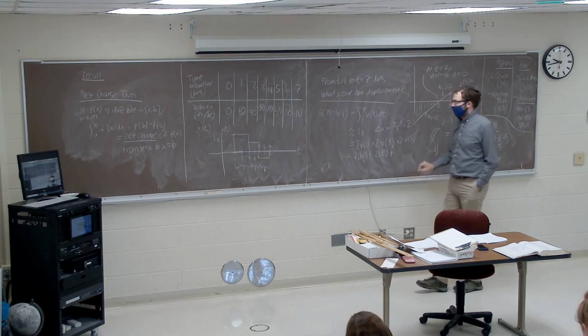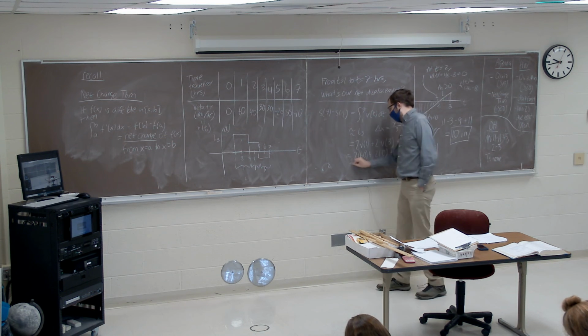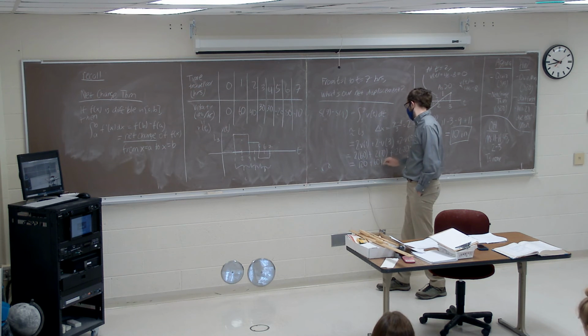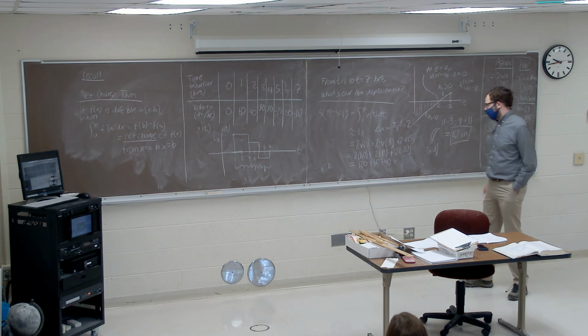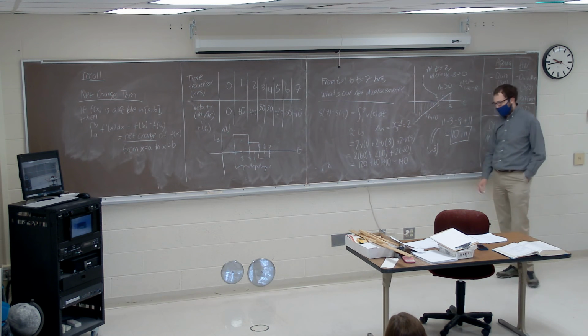And our v of 5 is negative 20, which is going to give us 120 plus 60 plus or minus 40. It's going to come out to 180 minus 40, which I think is going to give us 140.